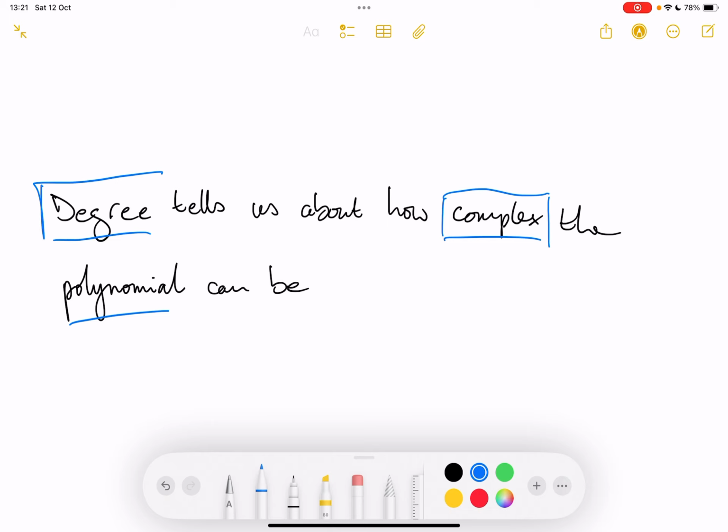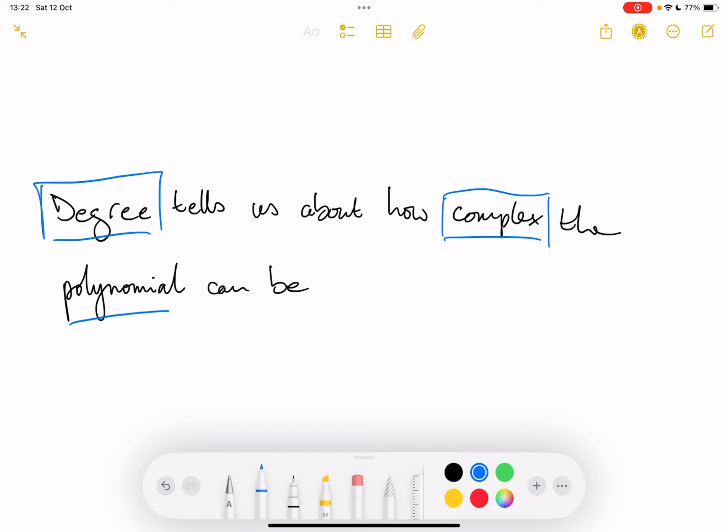But to go further down this, I think it's a risky diversion at this point, given my learning intentions. I could come back and start exploring all of this stuff with respect to degree at a later point, especially when we start looking at the graphs and start solving equations. I could explain that a more complex polynomial has potentially more roots. Higher degree polynomials have potentially more roots. But I'm just going to lean a little bit on trust for now.